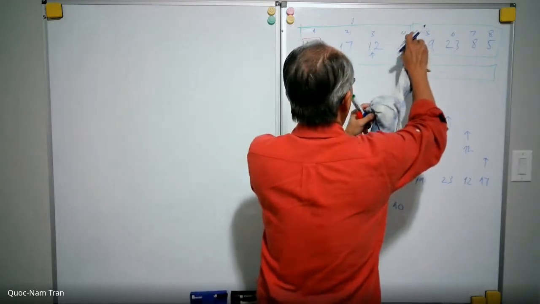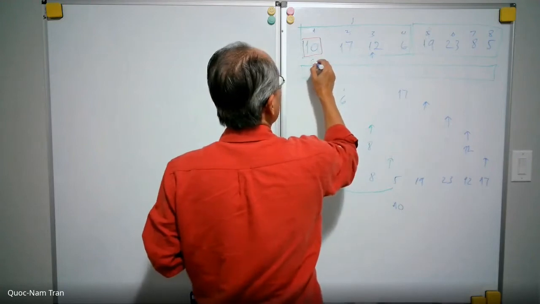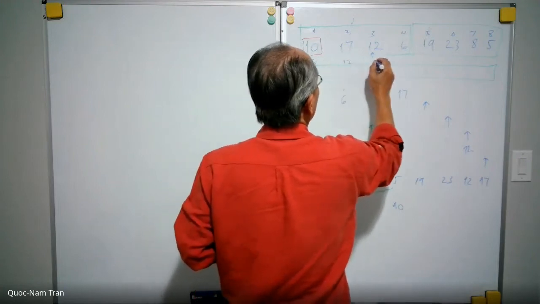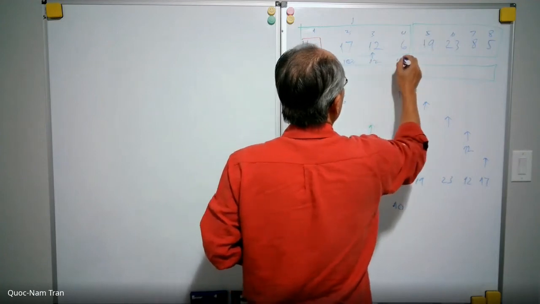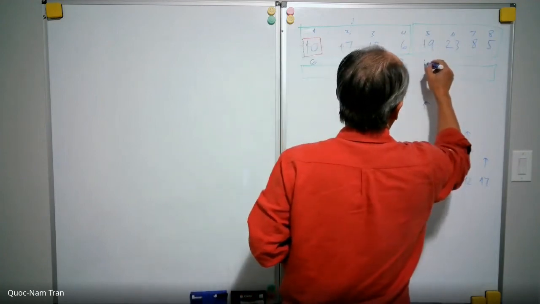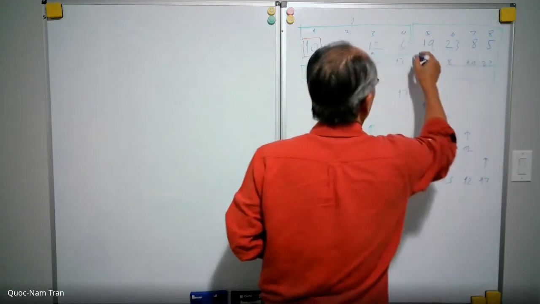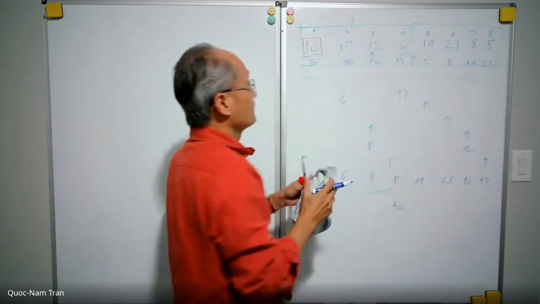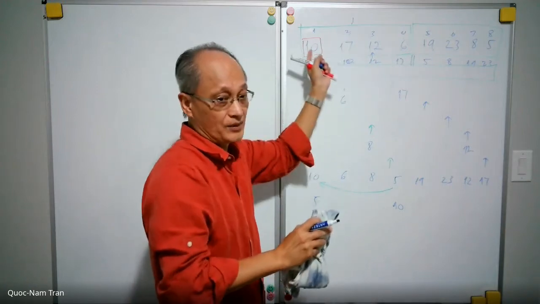Of course, we have to apply the merge sort. Let's say here I have 6, 12, 17, and then here I have 5, 8, 19, 23. So I have the left sorted by cutting in half again and then merge sort again.